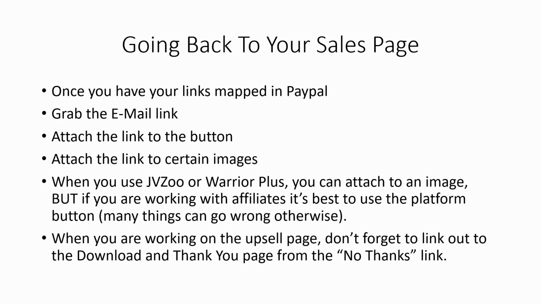If you are recruiting affiliates, you can have situations where your affiliates won't get credit and won't get paid because they're going to end up with their stats wrong. So the only way you can really assure that this is going to happen, and even this is not 100% sure, is to use the JVZoo Warrior Plus button that they give you. You can just link out to the button you have, but I would suggest that you don't. I would suggest you use their button unless there's a business reason for you not to.